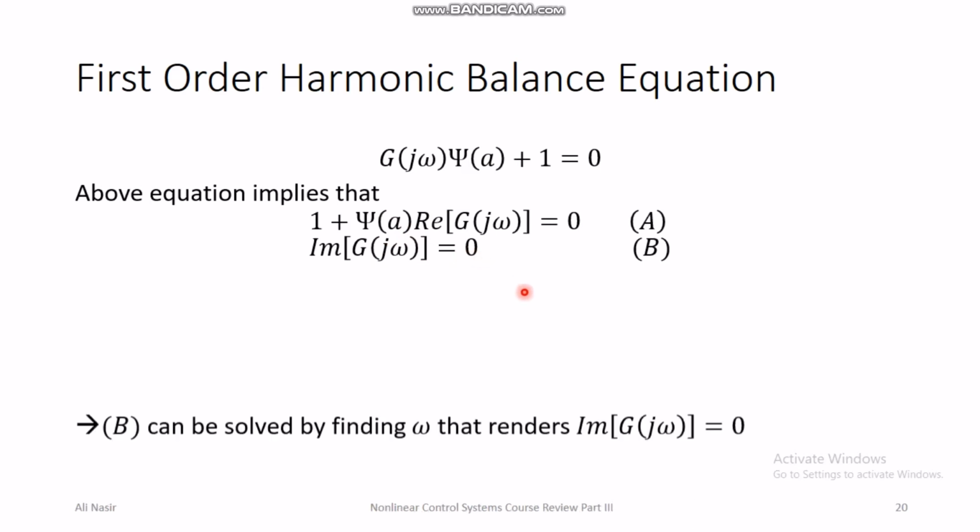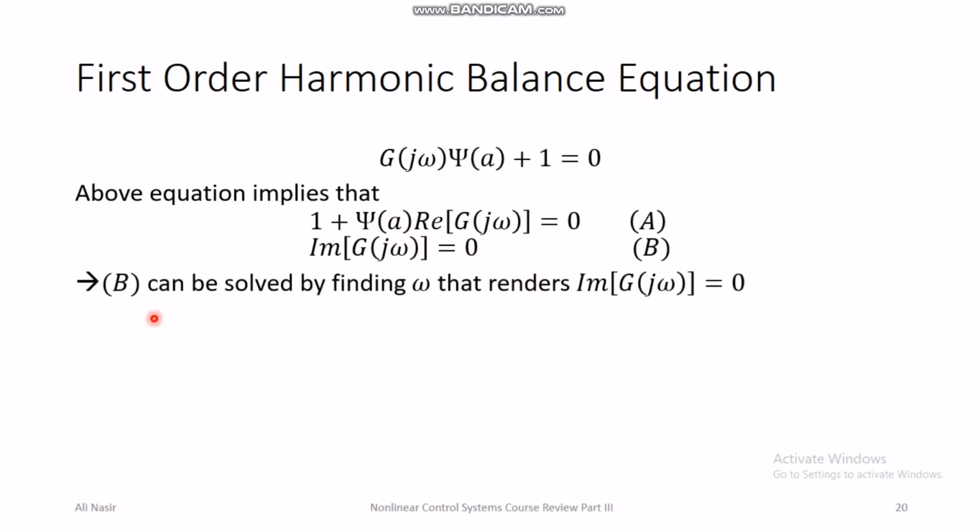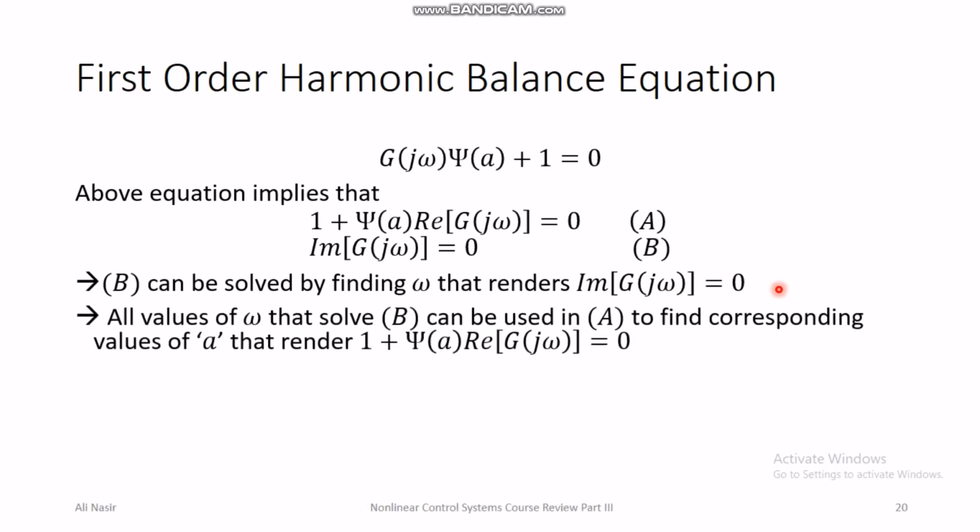And then, using these equations, using equation B, we can solve for all the frequencies that render the imaginary part of G of j omega equal to 0, and all the values of omega that we find by solving B can be used in A to find the corresponding magnitude of the oscillation in the solution of the feedback system.